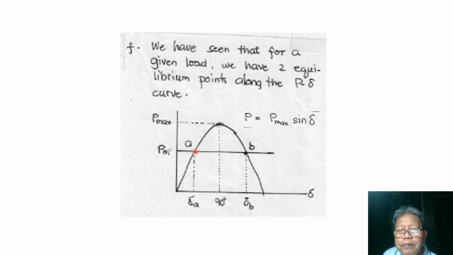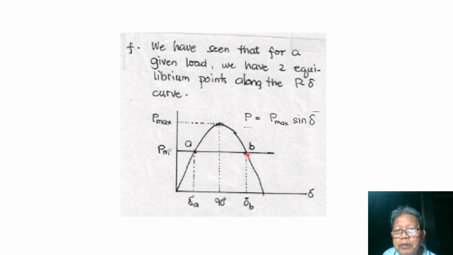However, if we increase the supply of steam to our turbine, the power delivered by our generator increases along this curve, and after reaching the maximum, the power begins to decrease until it reaches another point B, which corresponds to our initial load along the curve.